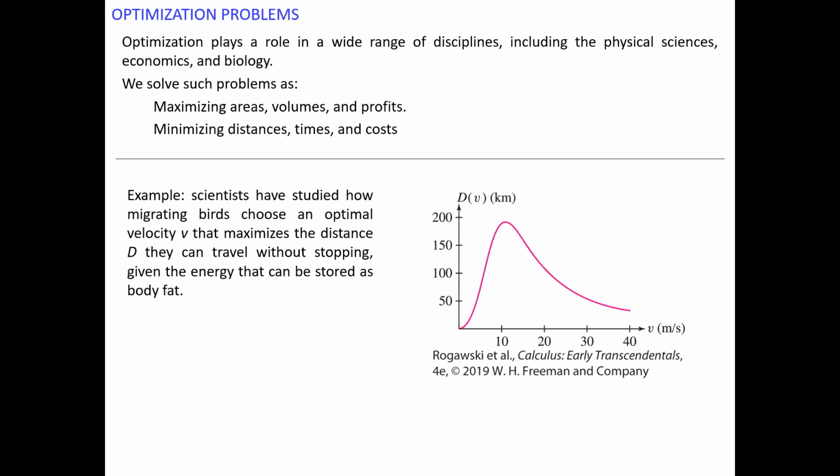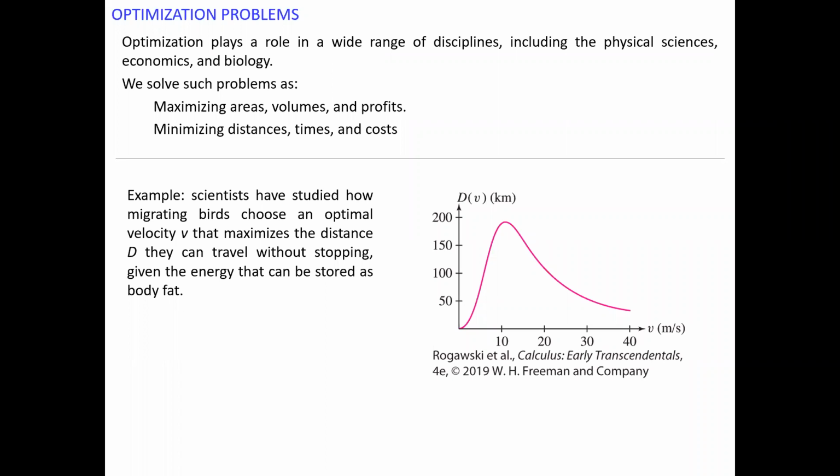For instance, maximize profit, minimize cost. That's what we are interested in. Or we can say maximizing areas, volume, in order to gain some other profits. Or maybe minimizing distance, minimizing time in order to be more efficient.